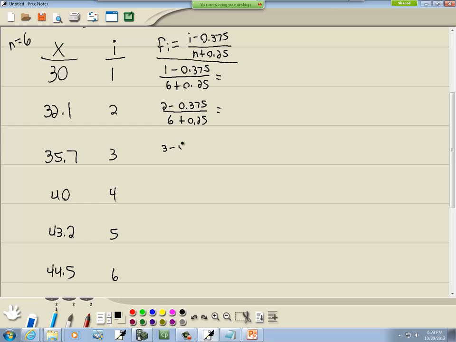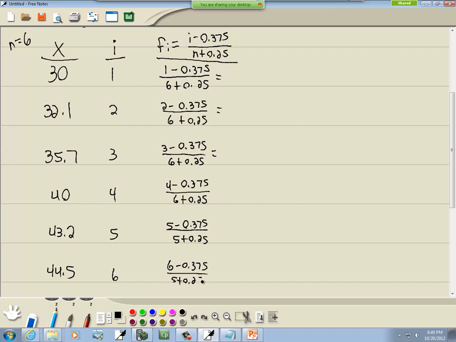This one will be 3 minus 0.375 over 6 plus 0.25. And this one will be 4 minus 0.375 over 6 plus 0.25. And this one will be 5 minus 0.375 over 6 plus 0.25. And this one will be 6 minus 0.375 over 6 plus 0.25.